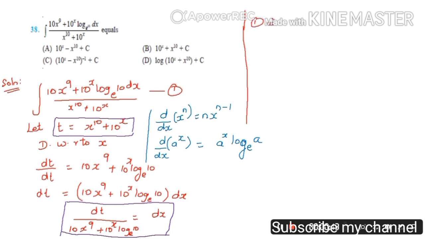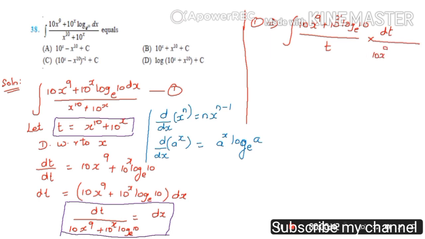So equation 1 implies integral of the first value, 10 x power 9 plus 10 power x log to the base e 10 dx, divided by this particular value, which is nothing but t. So t into the dx value, which is dt divided by 10 x power 9 plus 10 power x log to the base e 10.